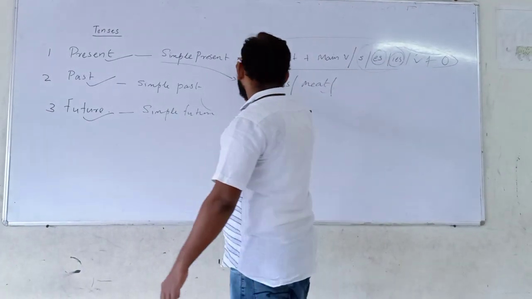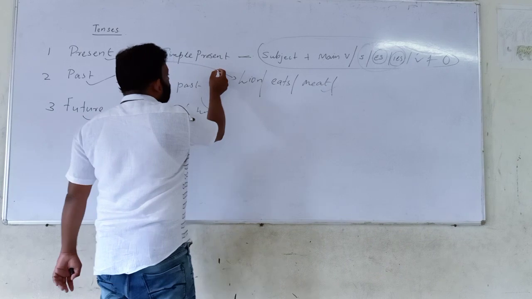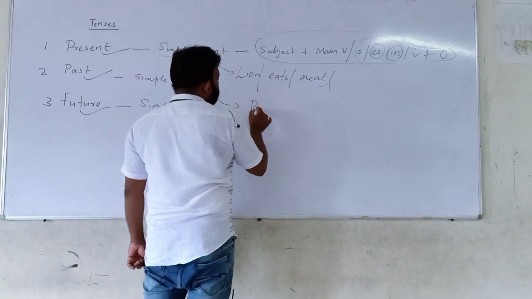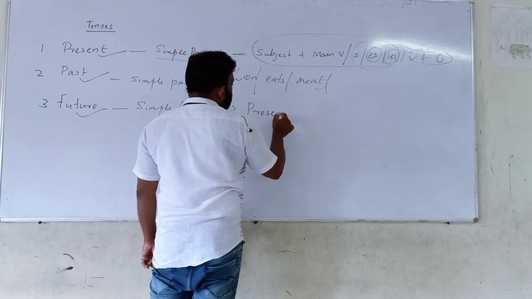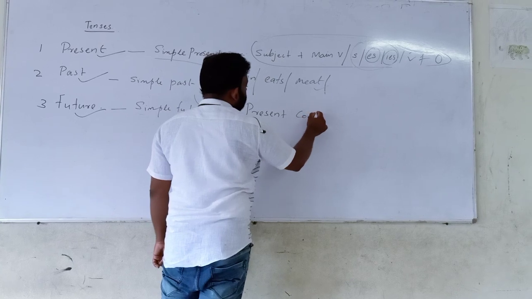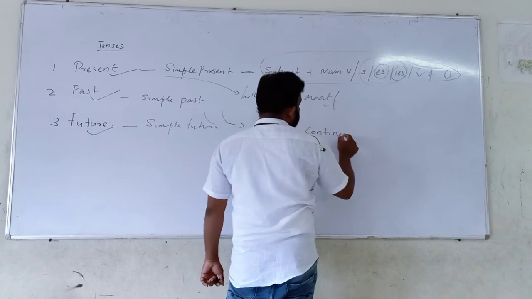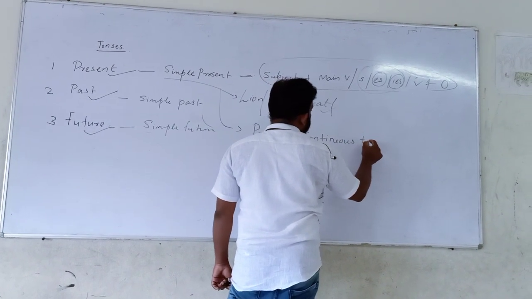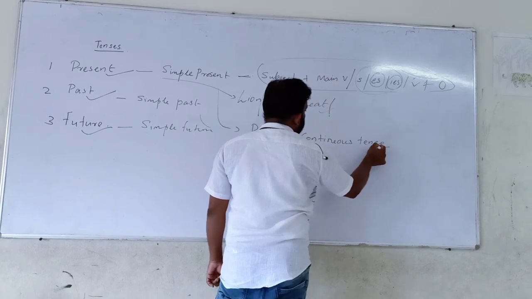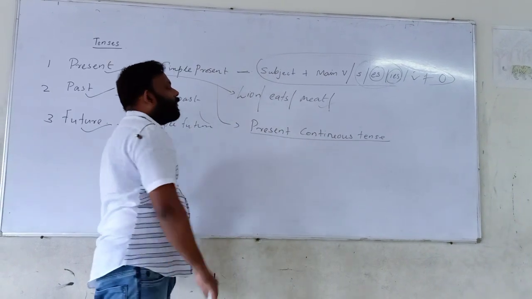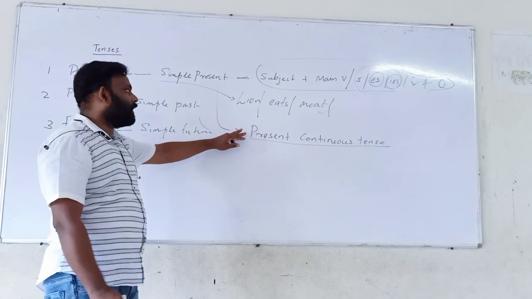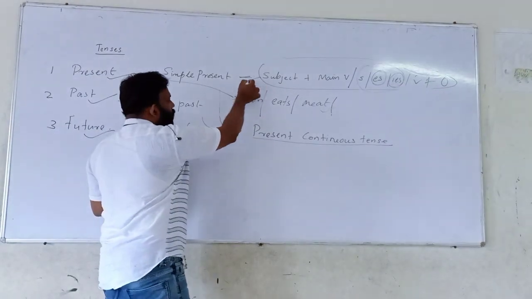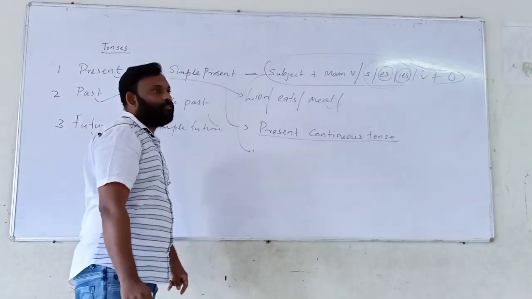Now, simple present tense, the form is there, and now we will move to present continuous tense. So what is present continuous tense and what is its form? As we wrote the form here, we can write a form here also.